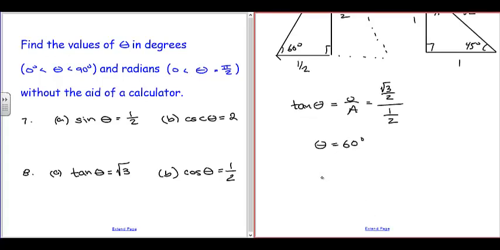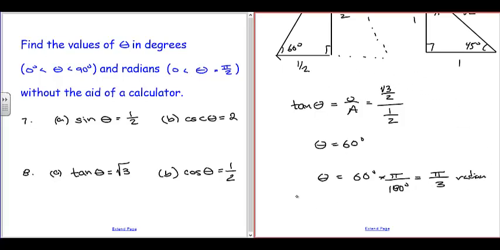And then we can convert that to radians by multiplying by pi divided by 180 degrees. 60 divided by 180 is the same as 1/3. So we get pi over 3 radians. So that's the answer for 8A.